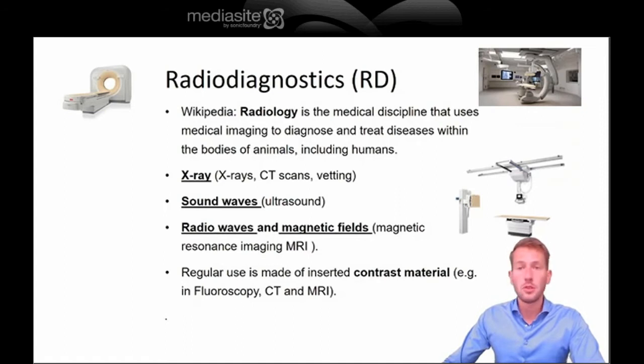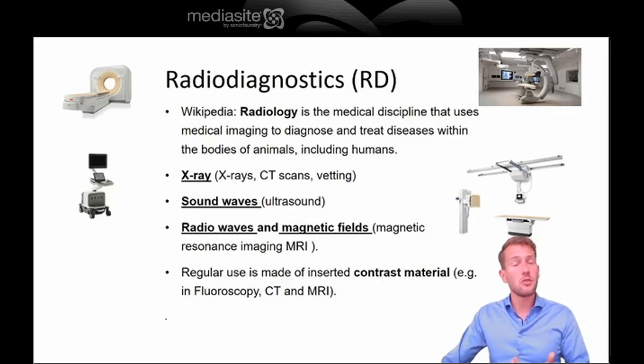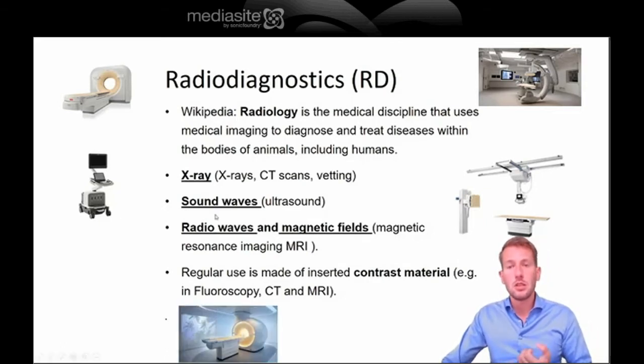Third, there's fluoroscopy, where X-rays are used to make live video-like images. Those are often used in interventions such as surgeries. But radiodiagnostics is also ultrasound and MRI, which don't use X-rays. All these techniques are found in modern radiological departments.